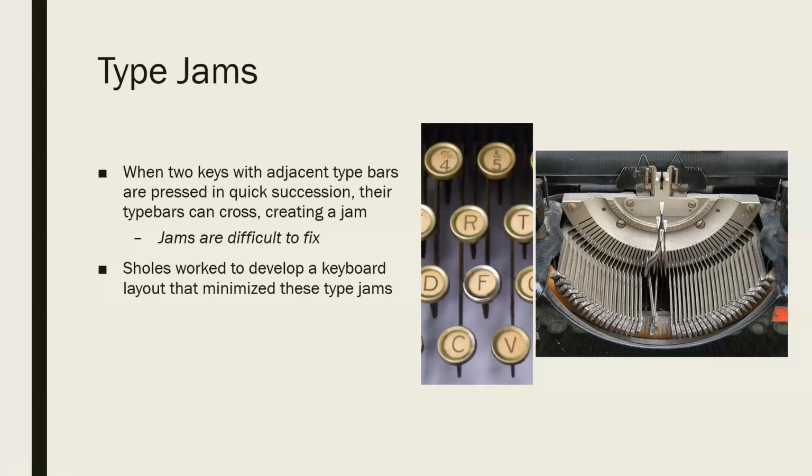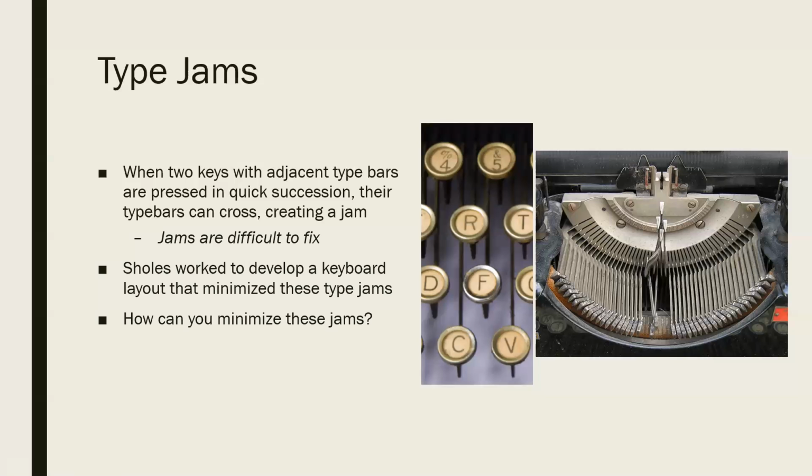So Sholes, the inventor who had patented the first version of the typewriter, worked to develop a keyboard that could minimize these kinds of type jams. They wanted to arrange the keys in such a way that this issue would not be as significant.